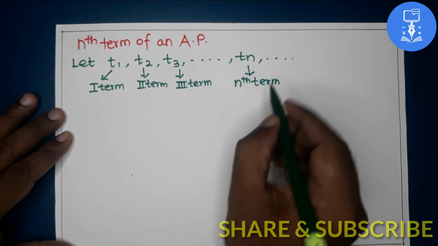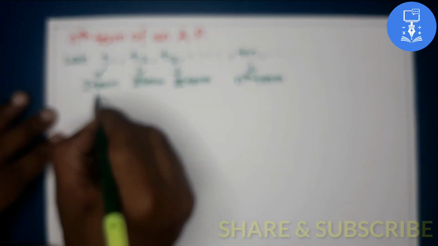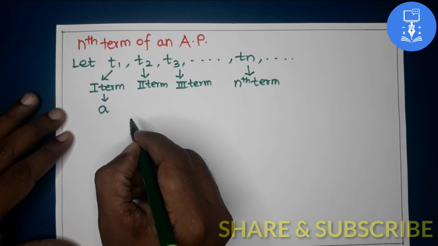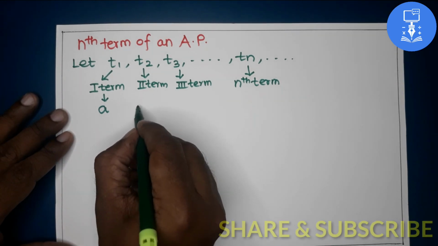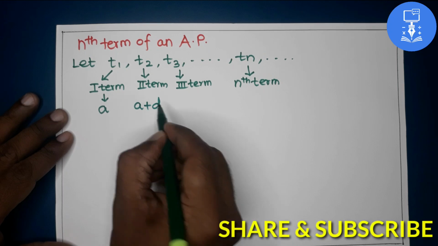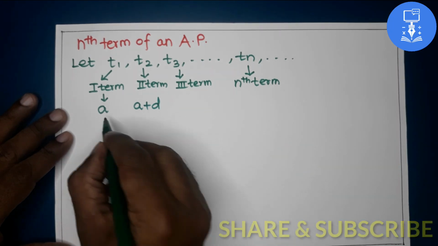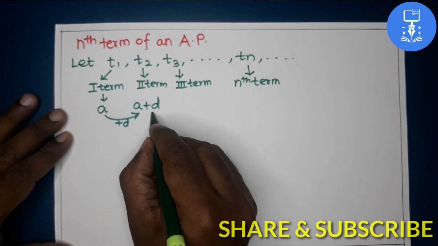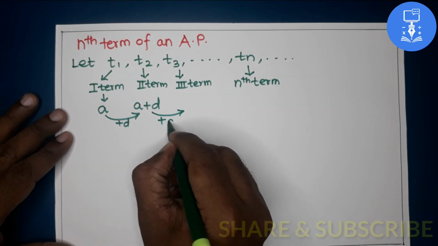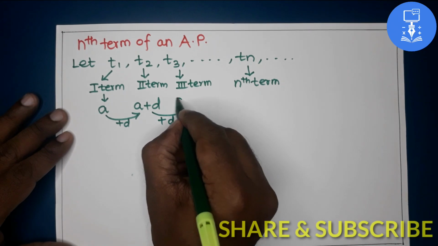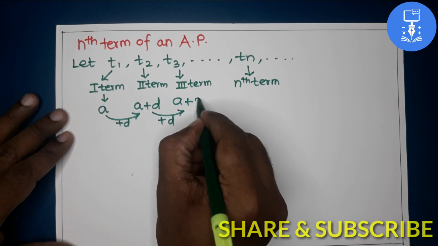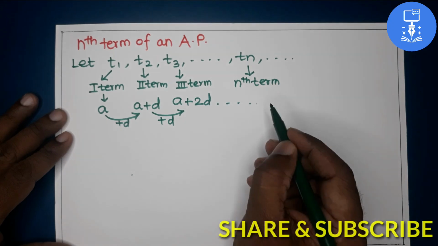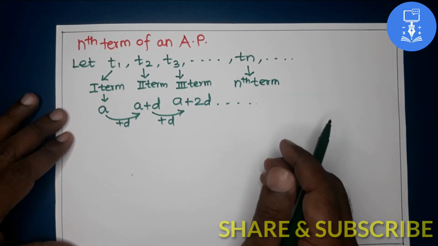Is that clear? Now, T1 is the first term, we take it as A. Then for the second term, we add common difference, so it will become A plus D. Again, if we add common difference D, we get A plus 2D, and in this way we get many terms.